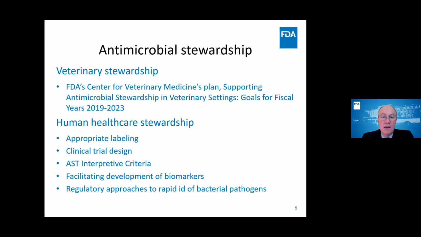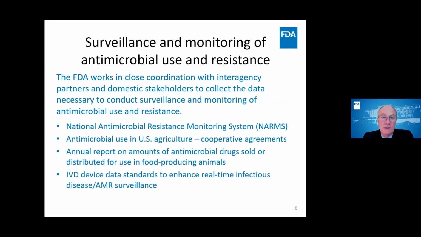So I mentioned surveillance and monitoring of antimicrobial use and resistance. FDA works in close coordination with our interagency partners and our domestic stakeholders to collect the data necessary to conduct surveillance and monitoring of antimicrobial use and resistance. One of the programs that we have for collecting data on antimicrobial resistance is called the National Antimicrobial Resistance Monitoring Program.